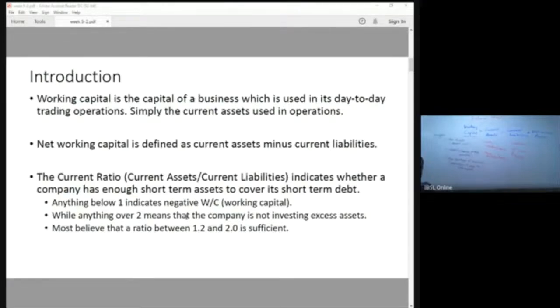The current ratio, or current assets over current liabilities, indicates whether a company has enough short-term assets to cover short-term debt. Right, so let's write it down.